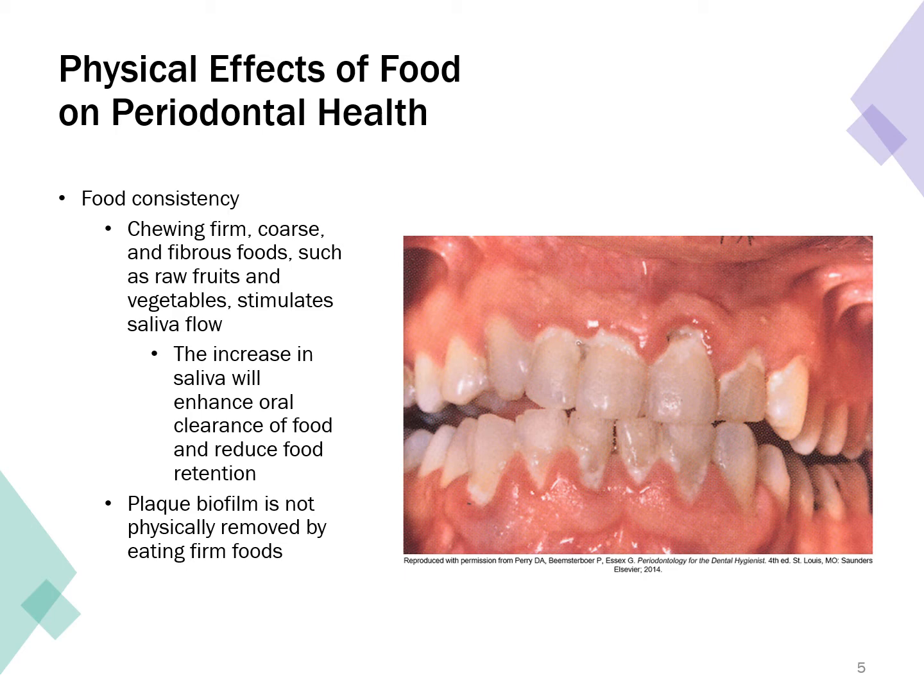That's a good thing because saliva will wash away the food and reduce that retention. But the book is fancy, so it says it will enhance oral clearance. Plaque biofilm that isn't physically removed is going to be irritating to our tissue and cause inflammation when we don't remove it.